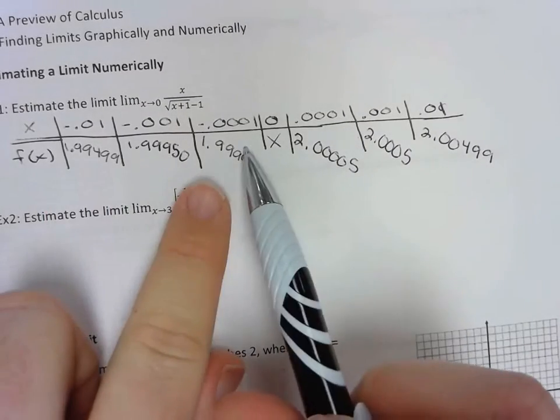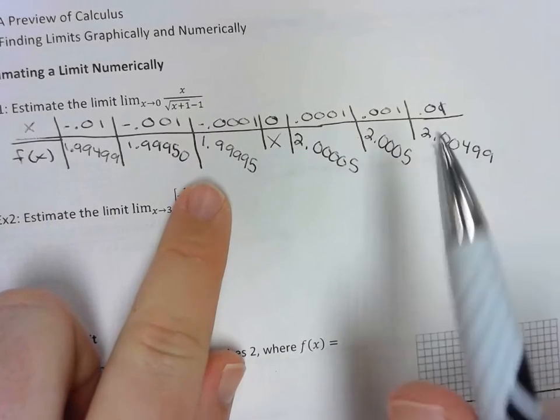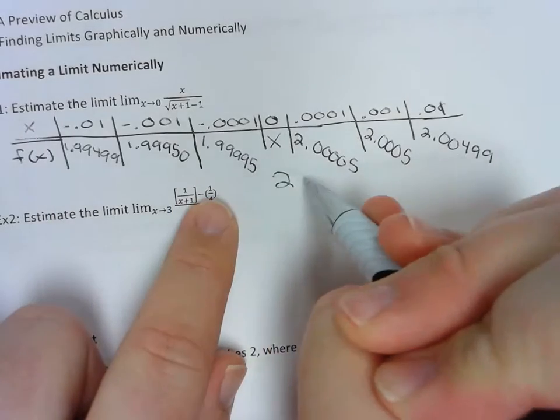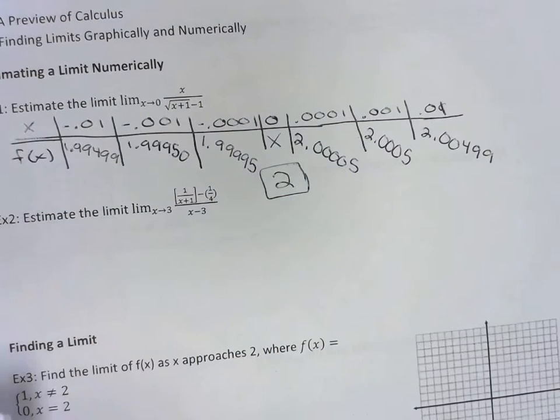I'm approaching 2 from the left, I'm approaching 2 from the right, getting closer and closer to 2. So as I approximate this, my limit as x is approaching 0 is close to 2. And that is using just plug and chug, looking at different points.